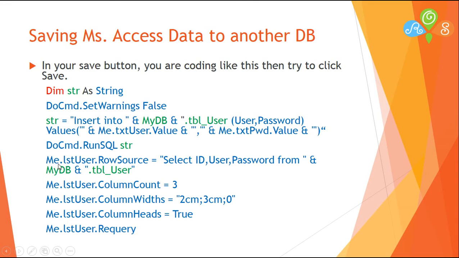And then this code is about the display. So me LST user row source, select ID, user and password from mydb. Mydb is the string that we made in the previous code, and this is the connection with the table.